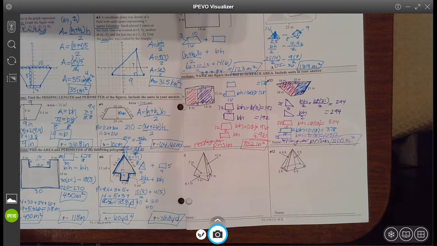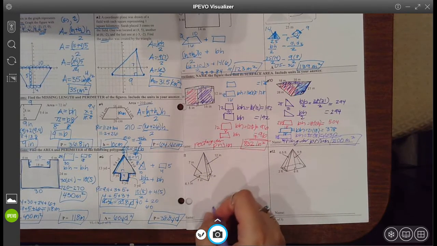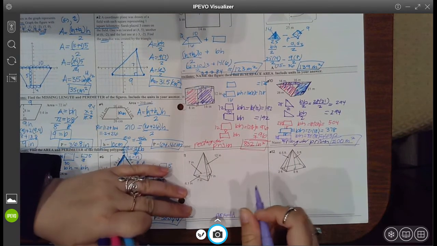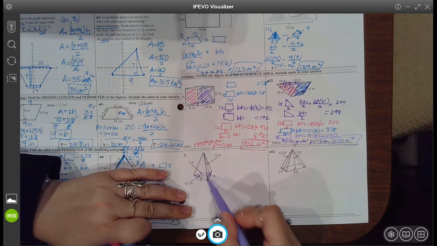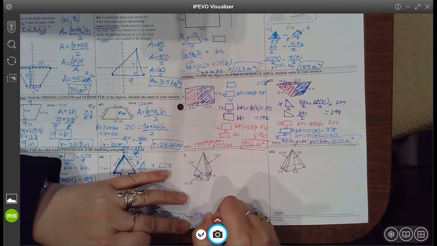Okay. These are pyramids, so they should only have one base, and your base is always across from that top point. So pyramid. And what type of pyramid? Well, what's the base? It is that triangle. So it is a triangular pyramid.